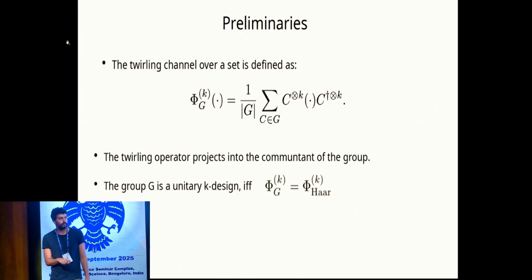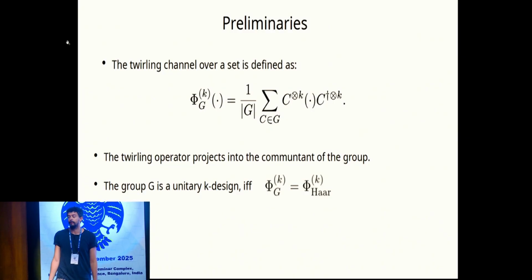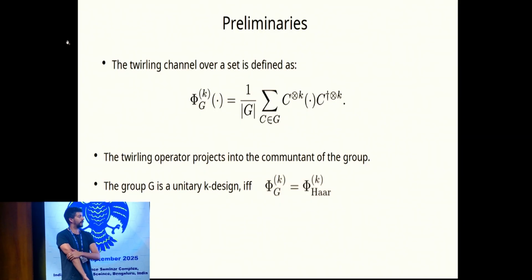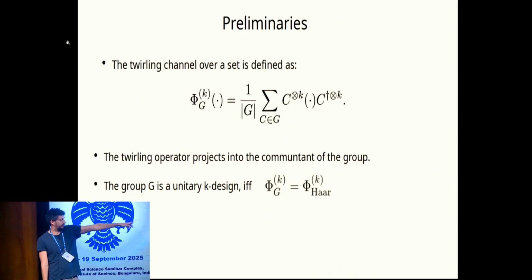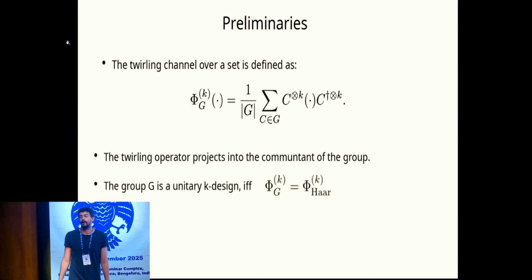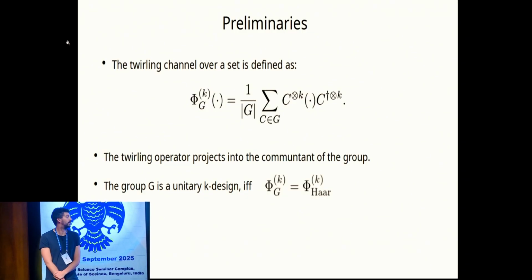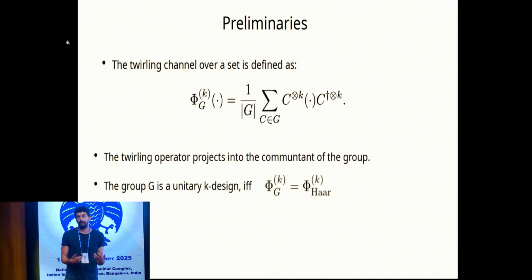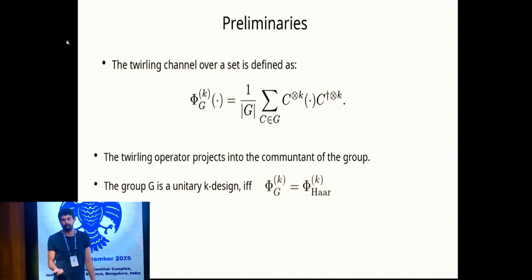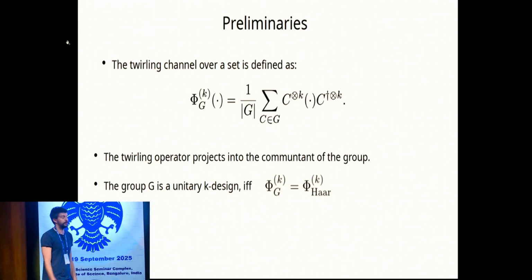And in particular, lots of people have used it for a definition of designs, which is essentially just that the k-order twirling operator of our group matches that of the Haar random group. So then a design is something that's statistically indistinguishable from the Haar measure when applied.